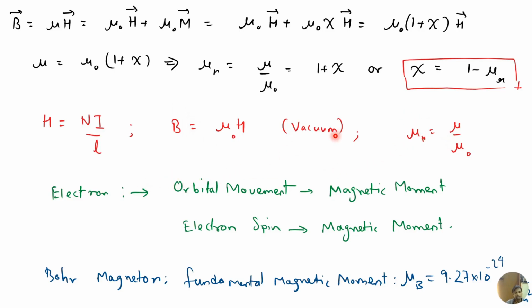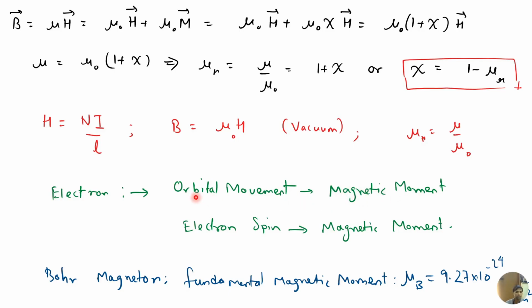So let us now go into some of the reasons of magnetism. Most of the magnetic contribution comes from the electron. The electron can be in a certain orbital motion. From there we get the orbital angular momentum, and from there we get a magnetic moment.